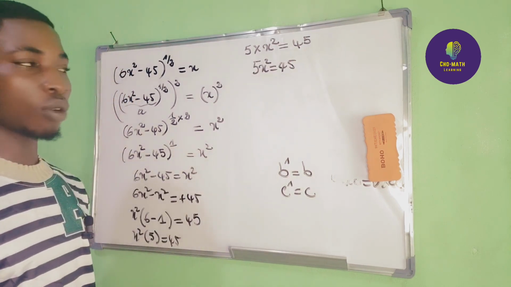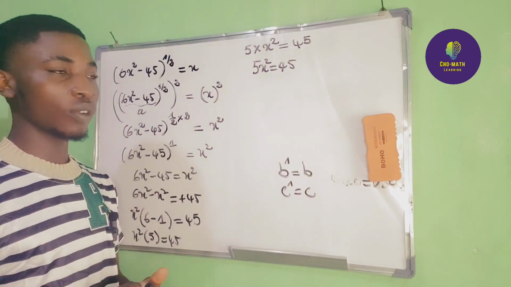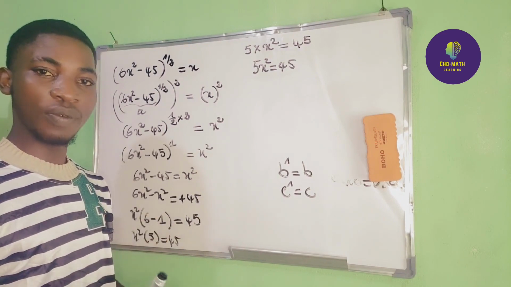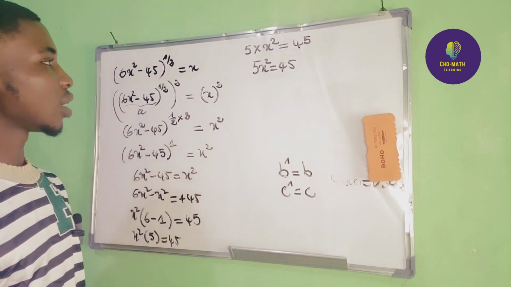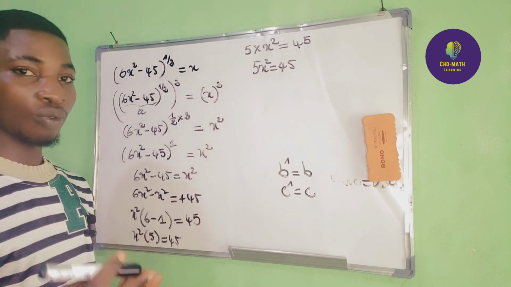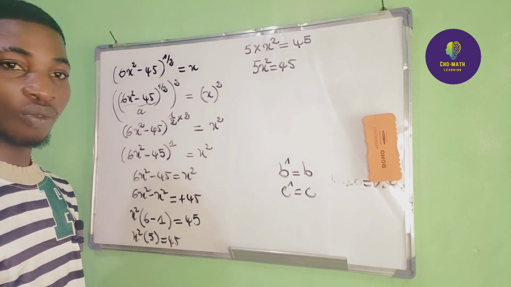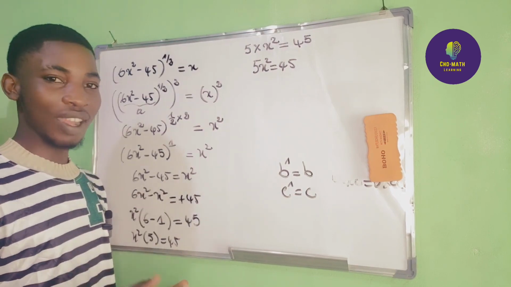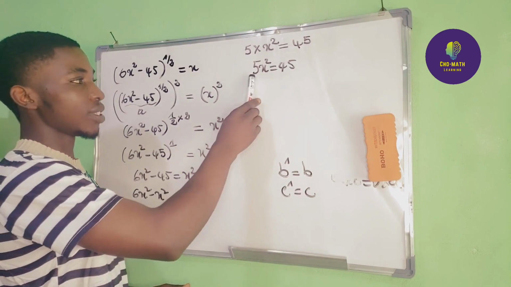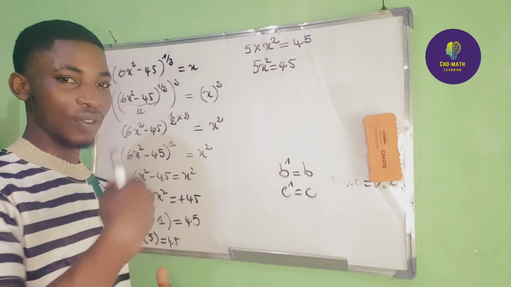Here we have the value of 5x squared. But remember that we're looking for the value of x, and for that we need to know the value of x squared. So as we have 5x squared equal to 45, we can look for the value of x squared, and when we obtain it, we're going to use that to have the value of x. We have this 5 multiplying this x squared, and we're looking for the value of x squared.